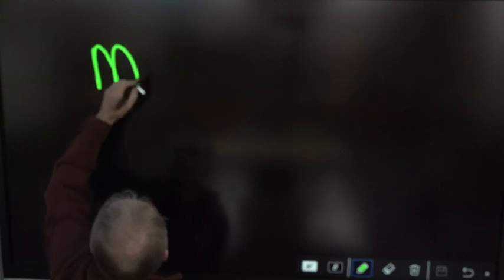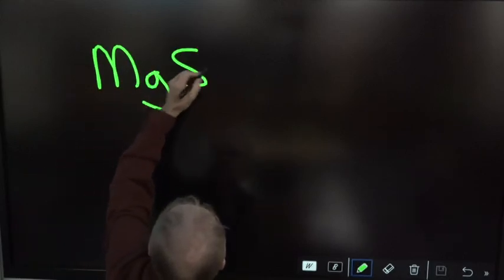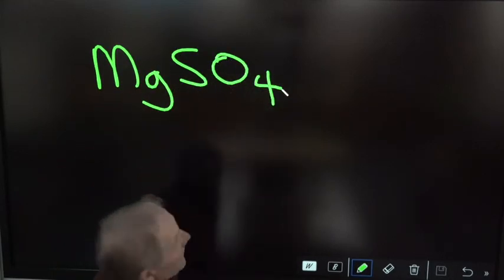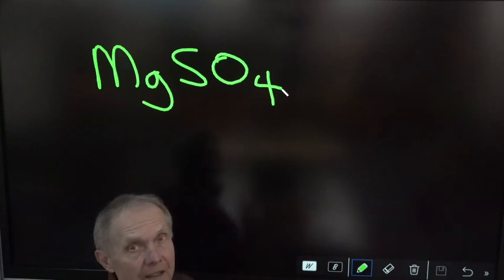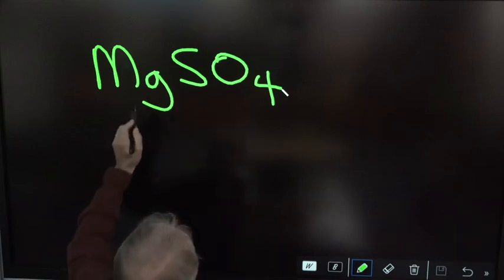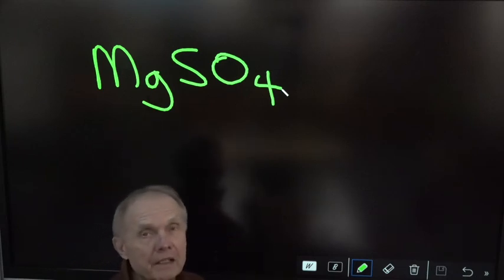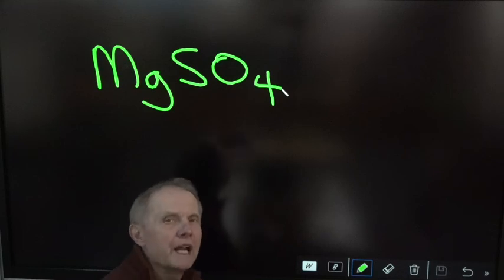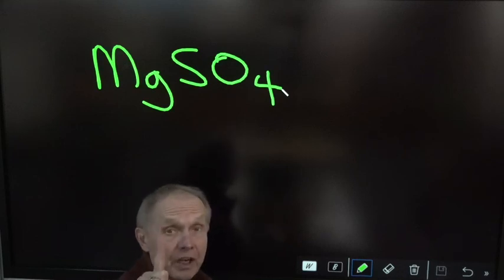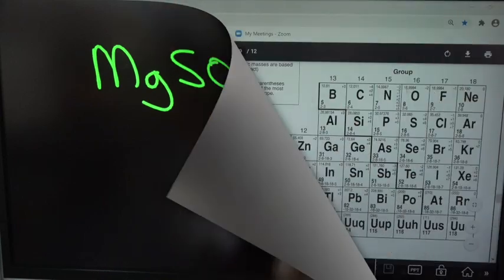So, first of all, the most important thing is if they give you a substance, something like this, in order to name that, you have to look at the metal on the periodic table and make sure it only has one oxidation state or one charge.